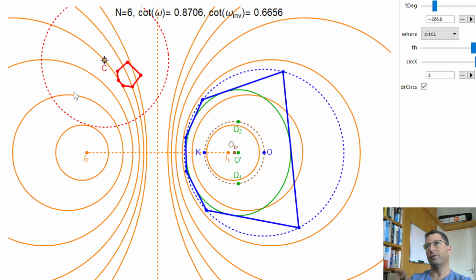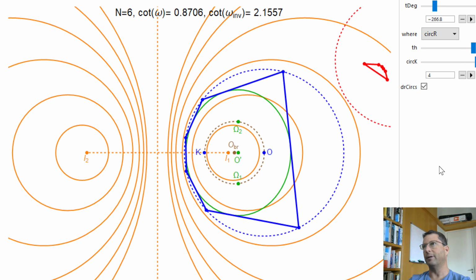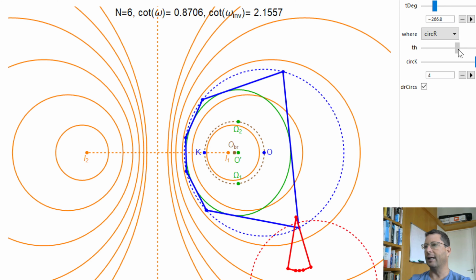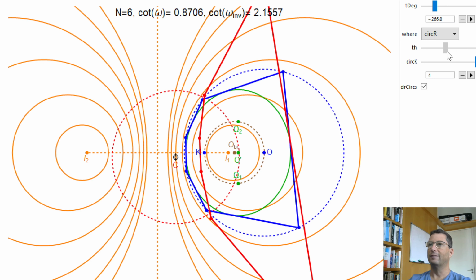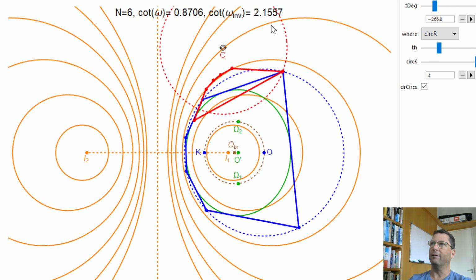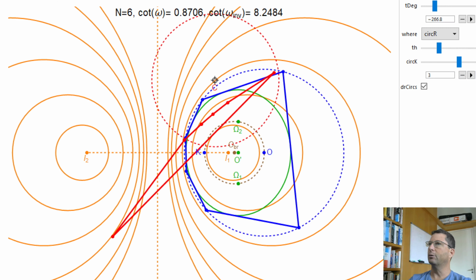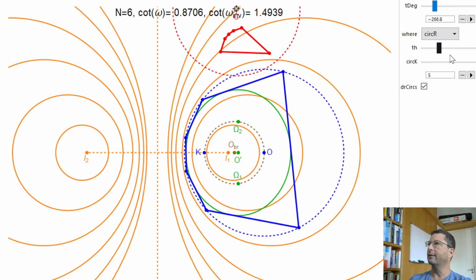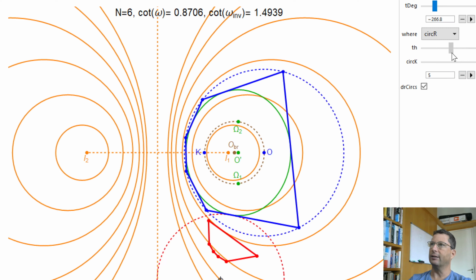Let's now move C to the right side of my circle family. I'm now scanning this circle, and you can see that the cotangent of omega inv also remains constant. Let's move over to this other circle and see if this is the case. Yes, it is the case.